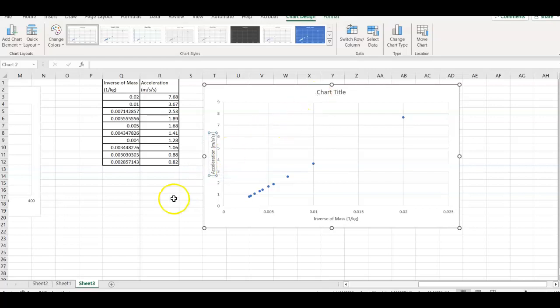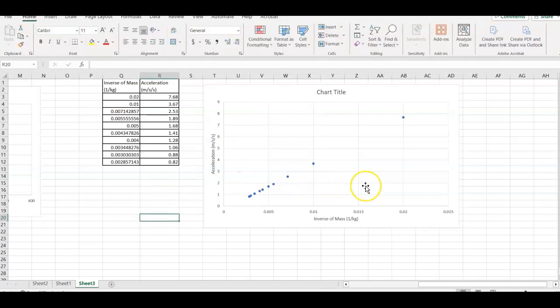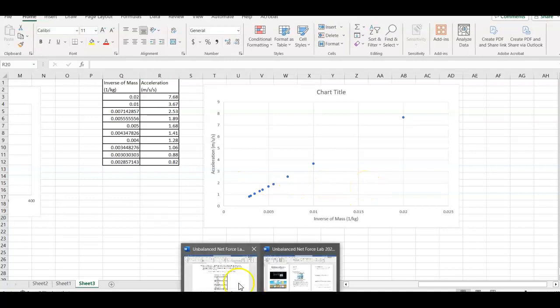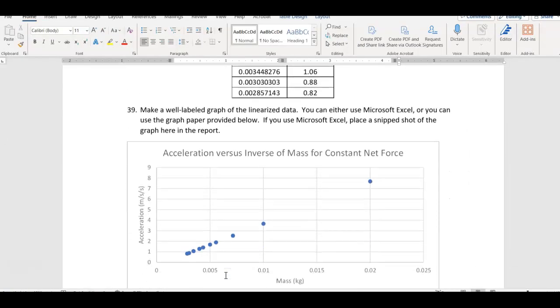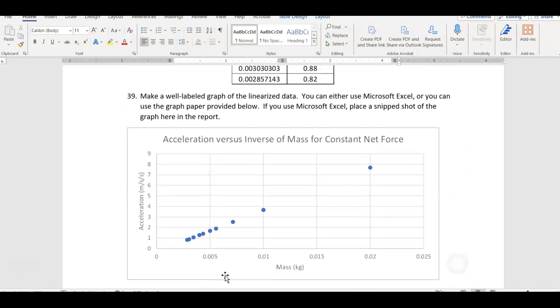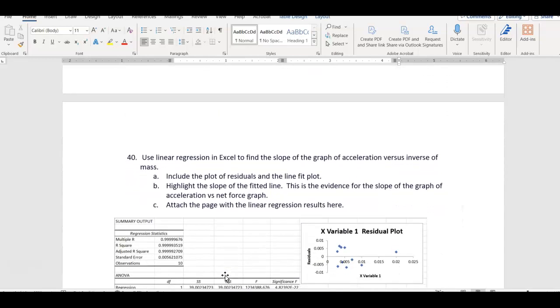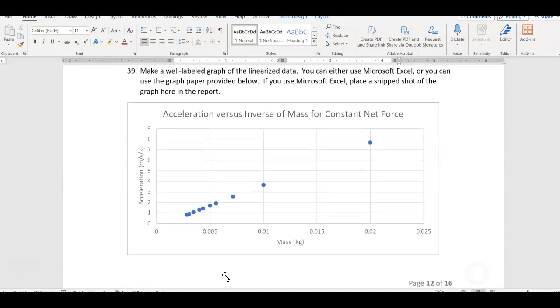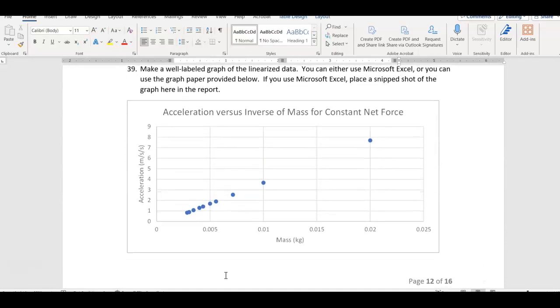So this is acceleration versus the inverse of mass, and I would put that in my lab report here at step 39.